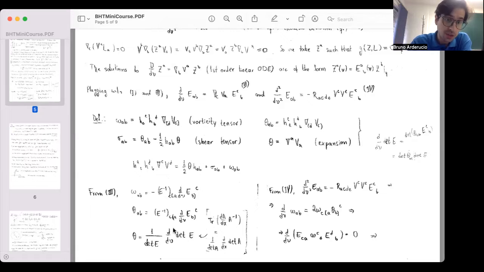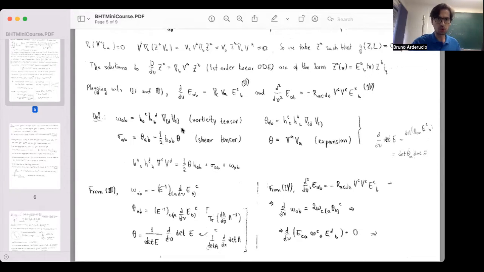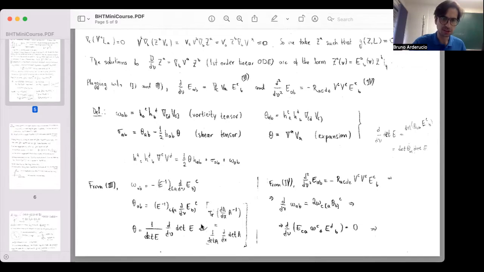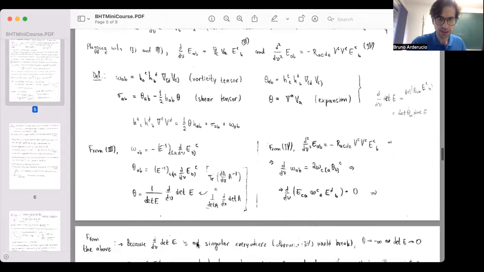So this is just the derivative of the logarithm of the area, or one over the area times the derivative of the area itself. You could already interpret the meaning of the vorticity, shear, and expansion from the definitions, but if there was any doubt, I think this formula clears it out. So I forgot to mention this.